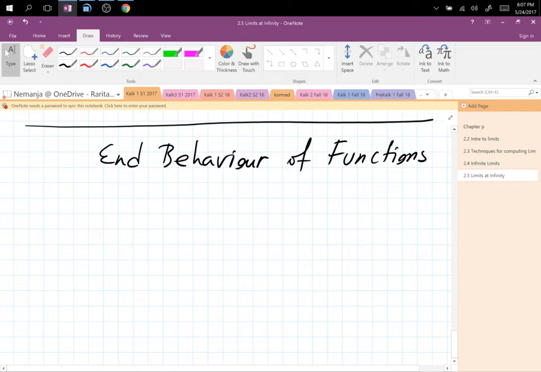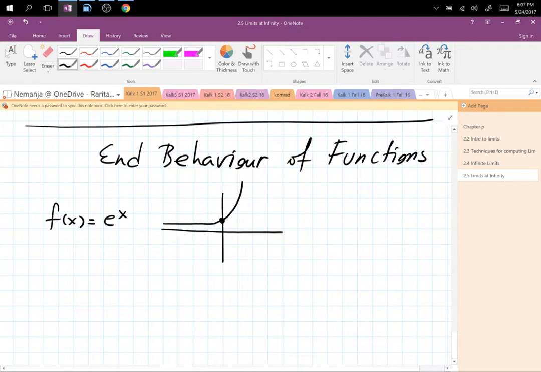So what we have here is, I will talk about f of x equals e to the x. We know the graph. Better know the graph for e to the x. Now observe that we can go to negative infinity and we can go to positive infinity.